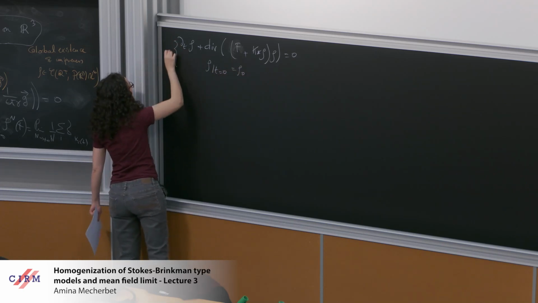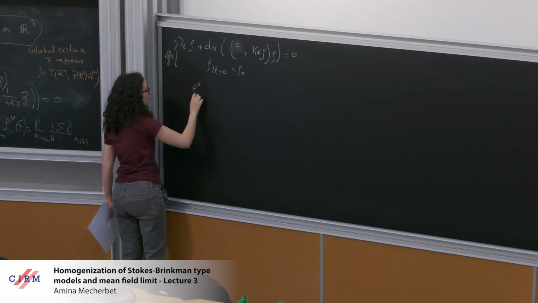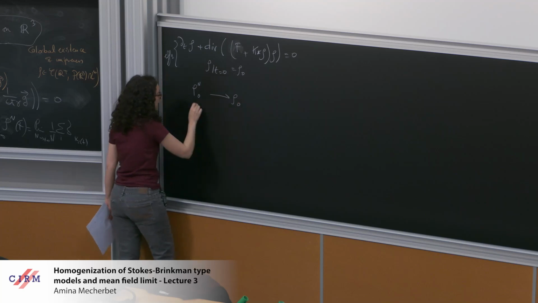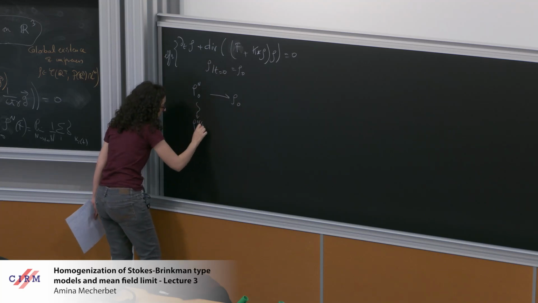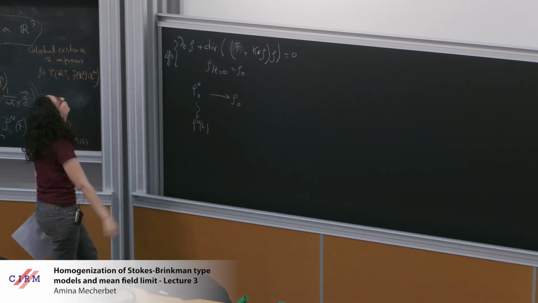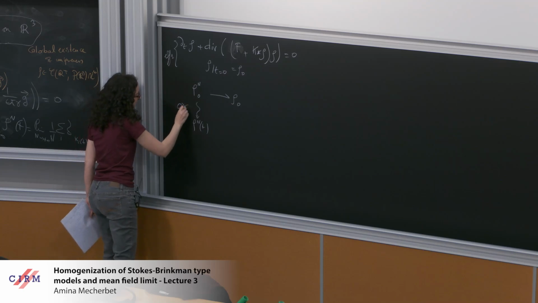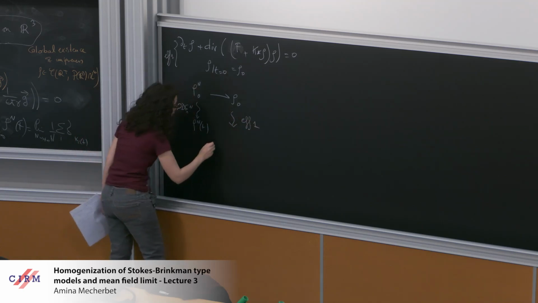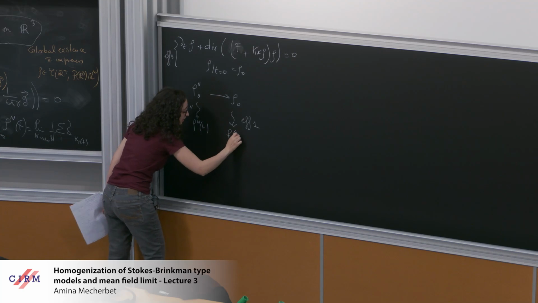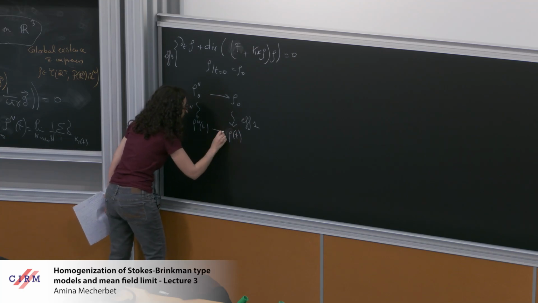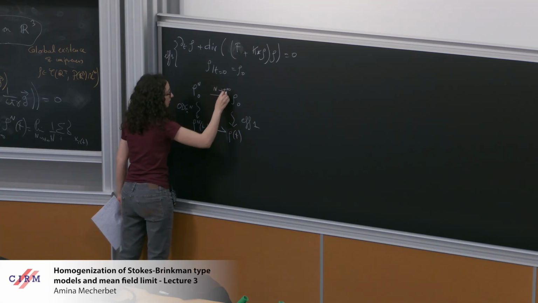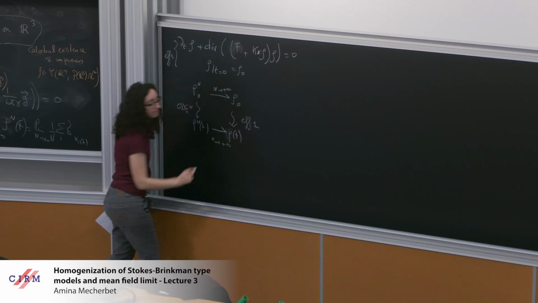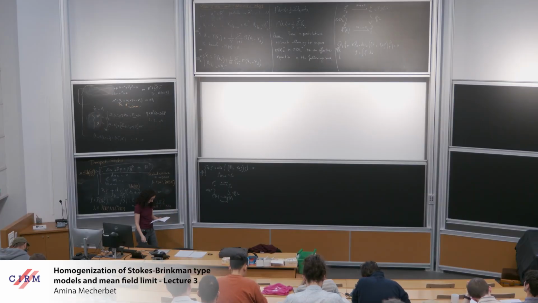So this would be effective 1, and you would like to prove a similar thing, right? If you are looking at the first order system, you would like to say that this diagram somehow commutes. Okay.